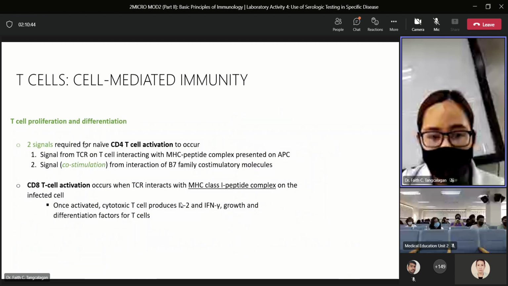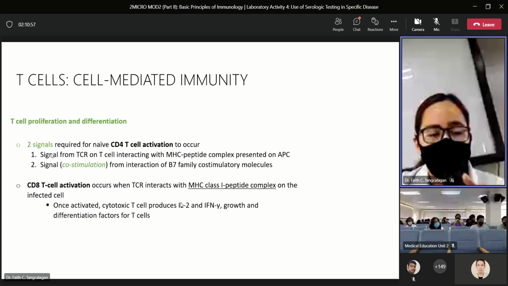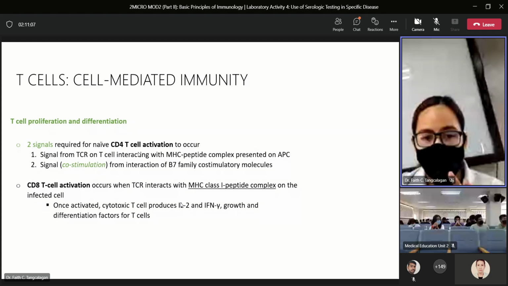So for the mechanism of proliferation and differentiation of your T cells, there are two signals present to activate your CD4 T cell. No? So the first signal is the T cell receptor on the T cell will interact with the MHC presented on the APC.